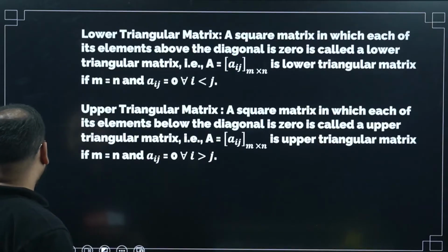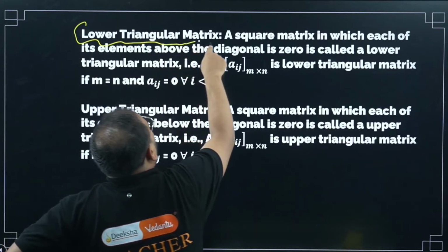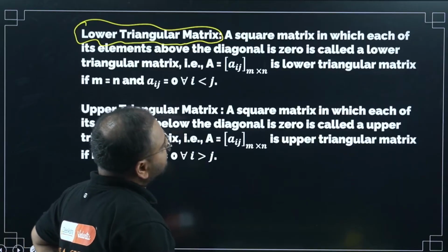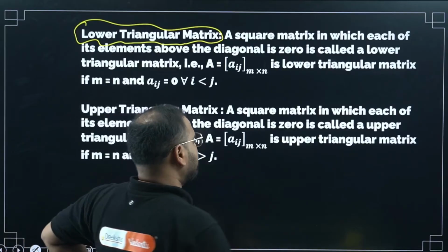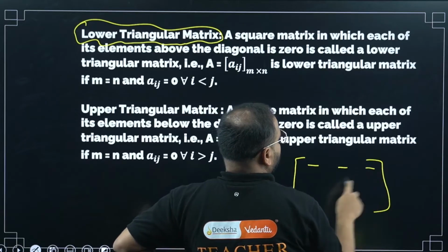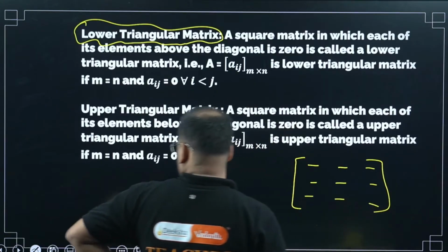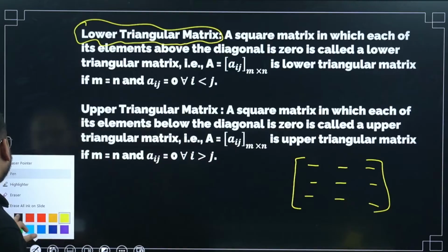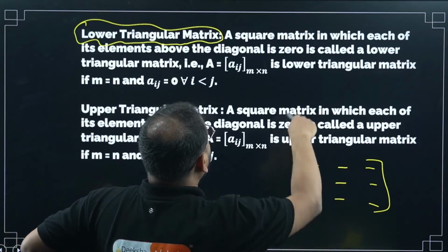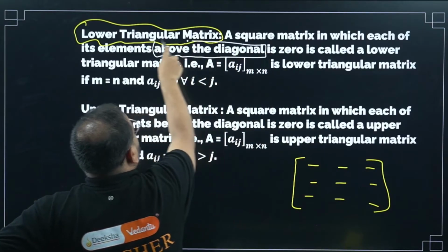Okay, now a few more definitions, very important, used quite a bit. Lower triangular matrix. What is the meaning of this, sir? If I have to write, let me take the example of a 3 cross 3 matrix only. So 1 2 3 and 1 2 3, 1 2 3. So whenever they say lower triangular matrix, it means all the elements above, see this word, above the diagonal, can you see this?